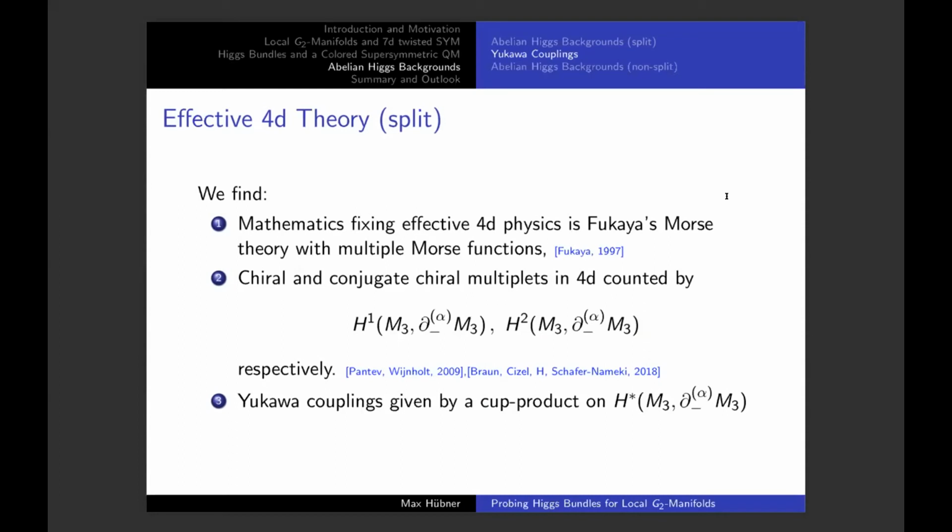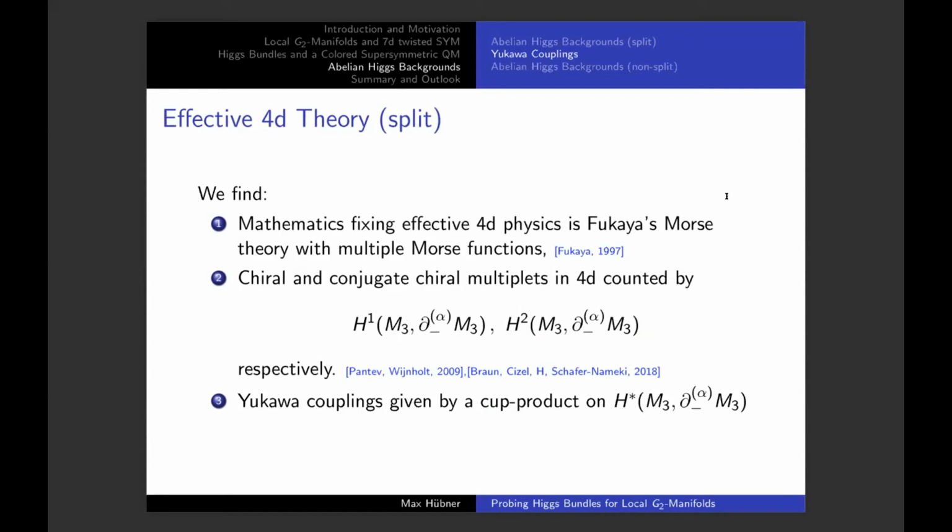They count the chiral and conjugate chiral multiplets. They need not be equal, and the spectrum can therefore be chiral. Yukawa couplings are then effects involving multiple Morse functions and are encoded in a cup product on these cohomology groups with strengths, as I've just shown you. Okay, so this is basically the simplest setup.